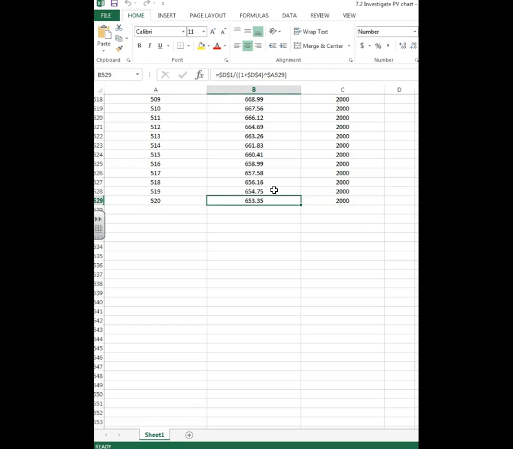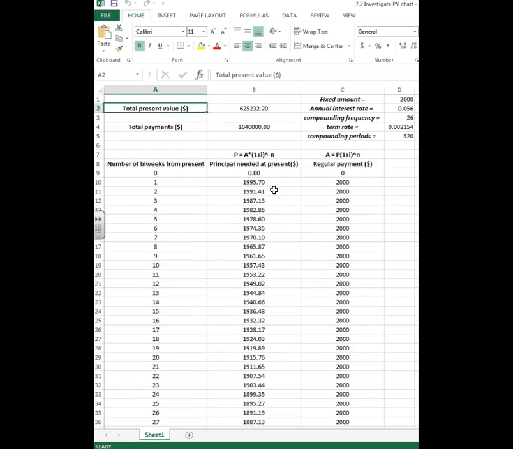So the sum of this second column is what we really were dealing with when we talk about the present value of this annuity. $625,232.20 would need to be put into an account right now in order to make possible all those payments. The option is maybe taking that $625,000 and giving it to the person directly and letting them make that same investment.